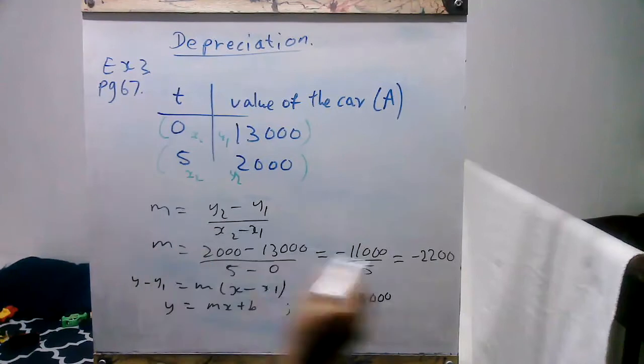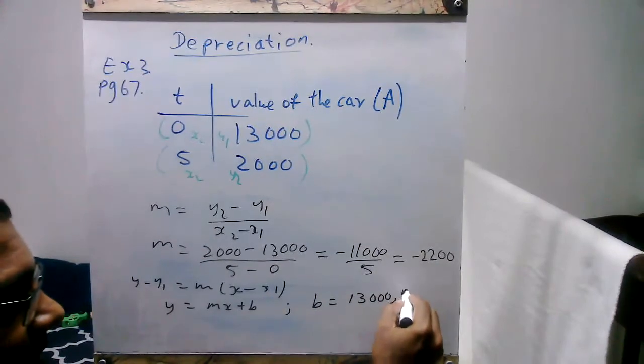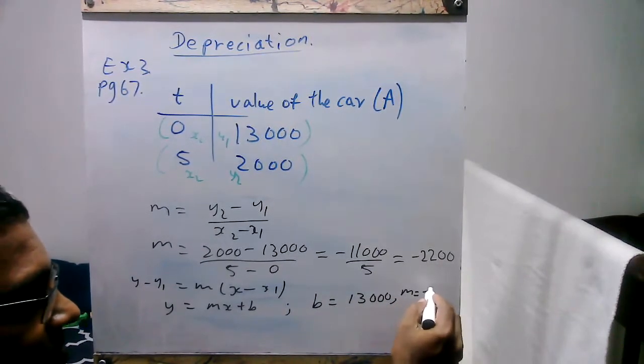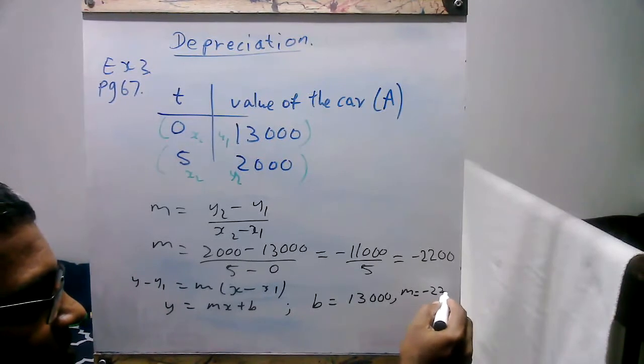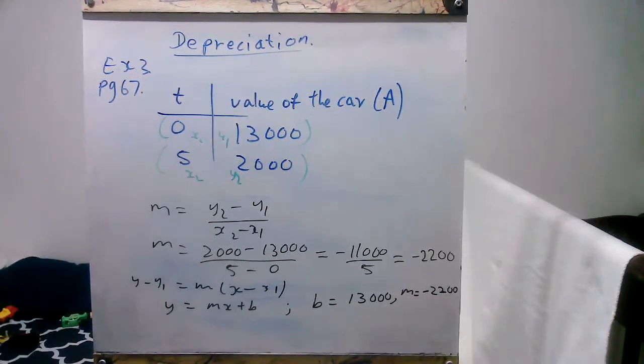m is this, negative 2200. Substituting, we get y equals negative 2200 plus 13,000.